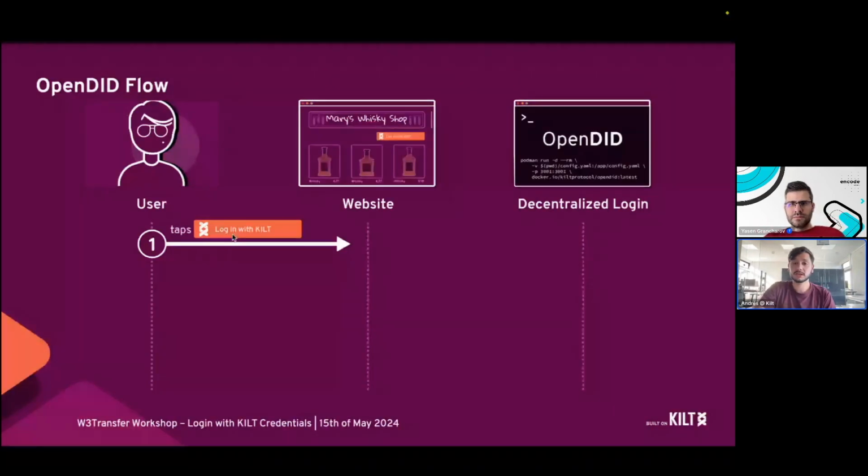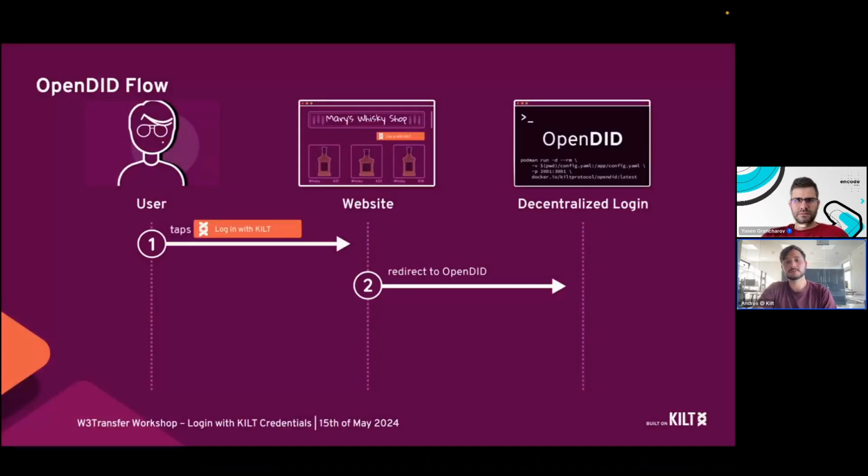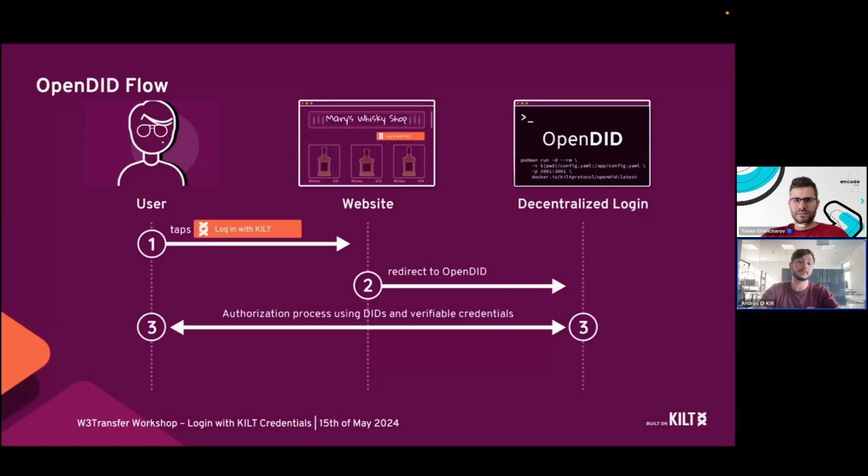So when the user clicks on login with KILT, it gets redirected to the front end of OpenDID. Then OpenDID starts interacting with the user. So with the wallet, it asks for a specific credential. The wallet shows it to the user. The user says, okay, yeah, let's do it. Send this credential and sign here. And then OpenDID gets it, looks that it's all right.